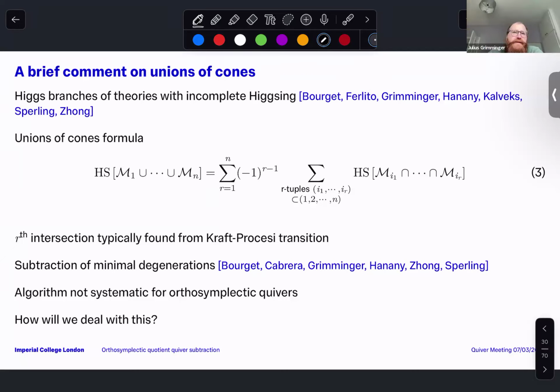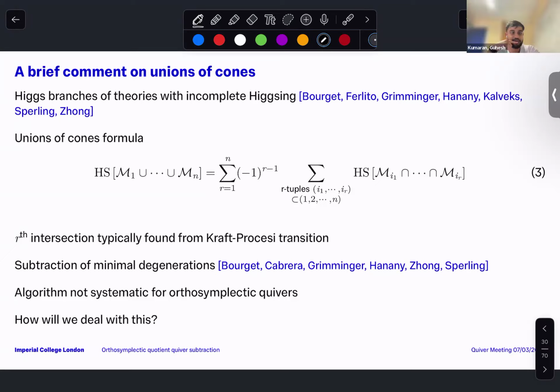There are many examples where you have complete Higgsing and unions of cones, and many examples where you have incomplete Higgsing and a single cone. I don't think there is data to say that one is the predominant case.